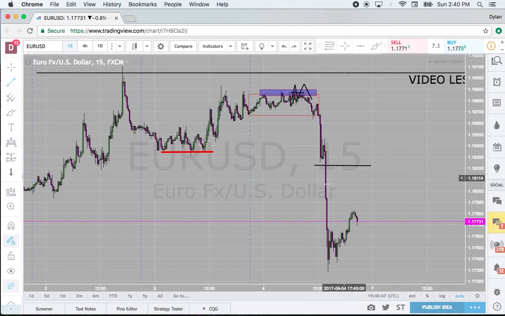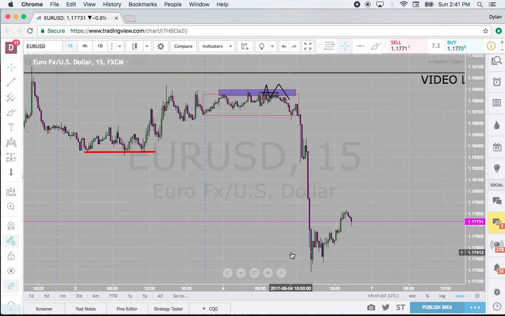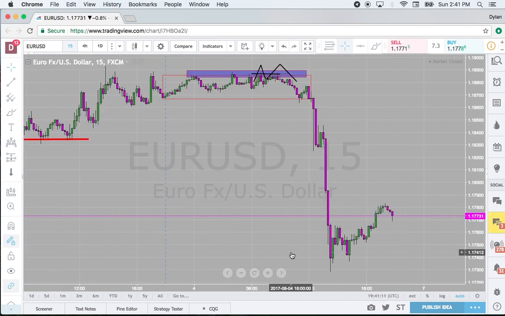You go, right? So you can be that person or you can be the conservative person. And you can just move your stop loss to break even and then take profit at 100 pips once it meets 100 pips, or take profit at session changeover, at New York session, Asian session changeover.